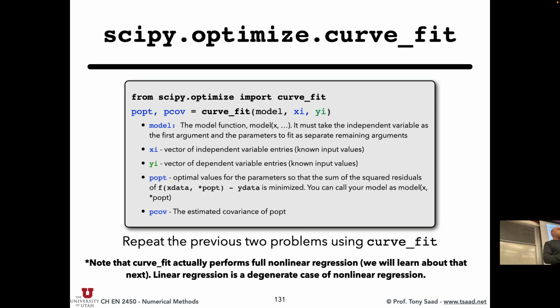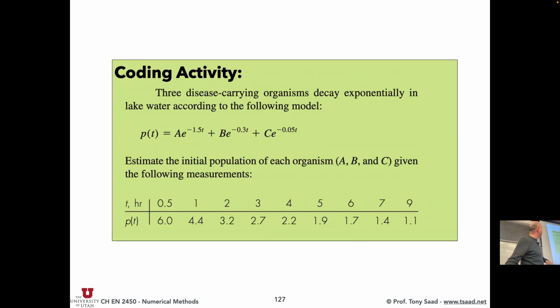So now we're going to use curve fit to redo the two problems we did last time. So if you still have those Jupyter notebooks, which I asked you to keep with you, go ahead and bring them up. We're going to start with the first problem. If you remember, it was the disease-carrying organism decay, exponential decay. We had a three-parameter regression model.